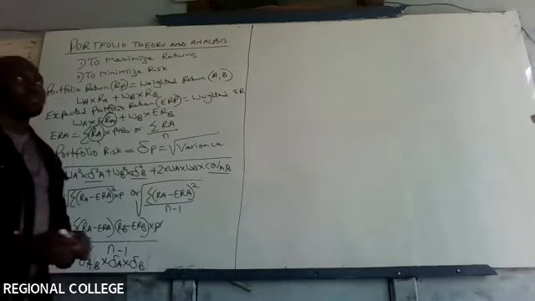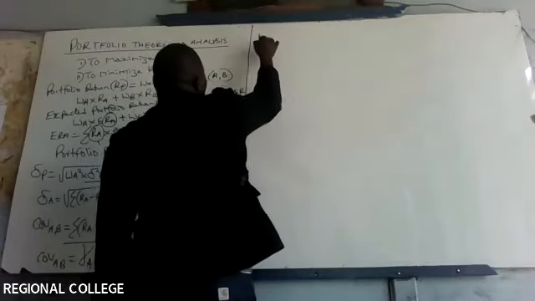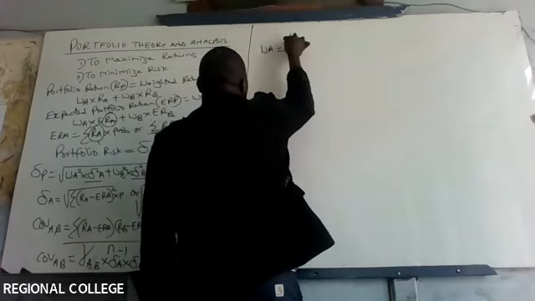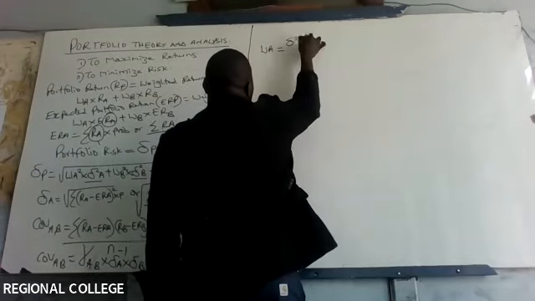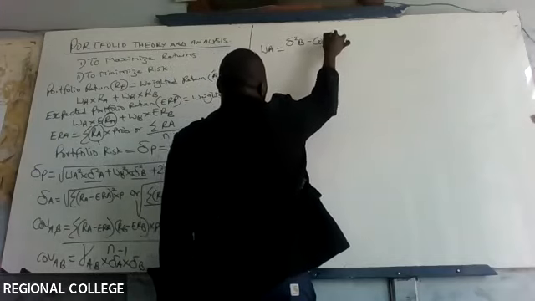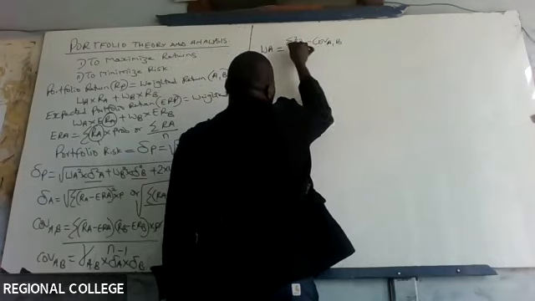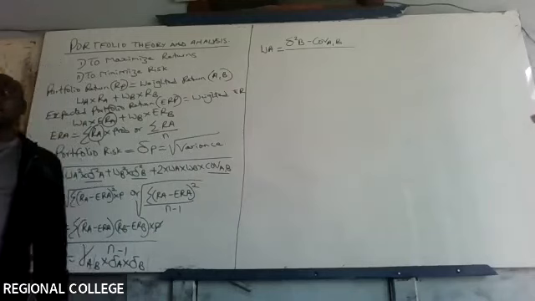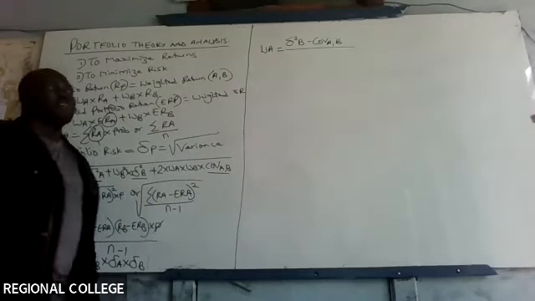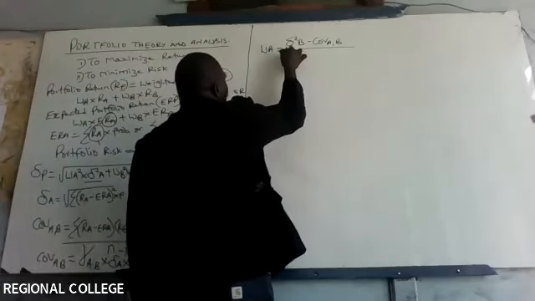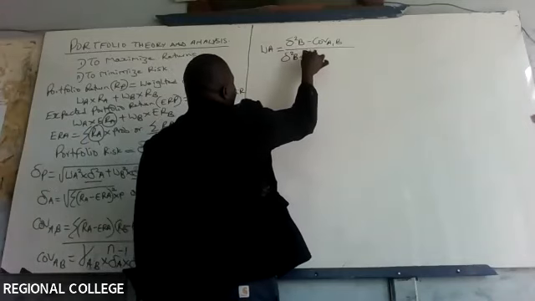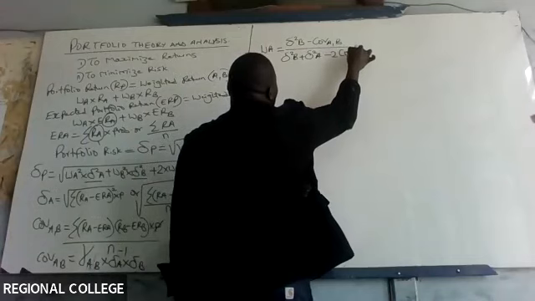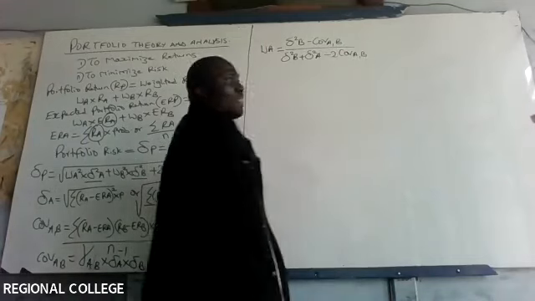I.e., weight of A equals variance of B minus covariance of AB. Variance is known as standard deviation squared. We divide by variance of B plus variance of A minus 2 covariance of AB.